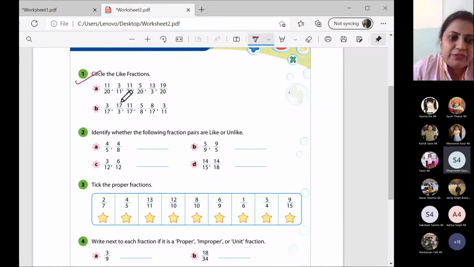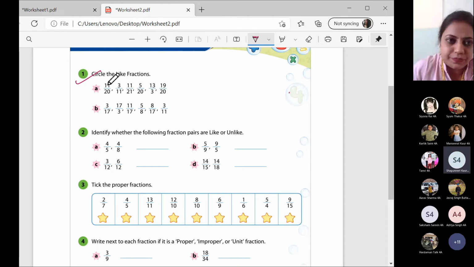You have to tell me which of these fractions are like fractions. So find out the fractions with same denominator.